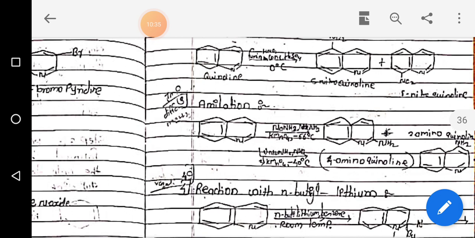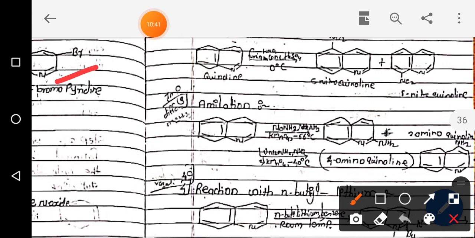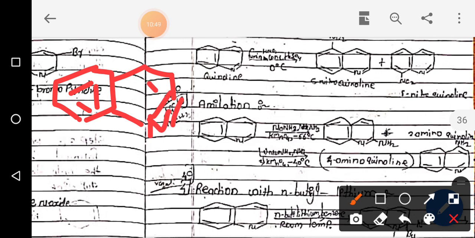You know that the starting material of the reaction is quinoline along with these reagents. So quinoline reactions are taking place under two different conditions.